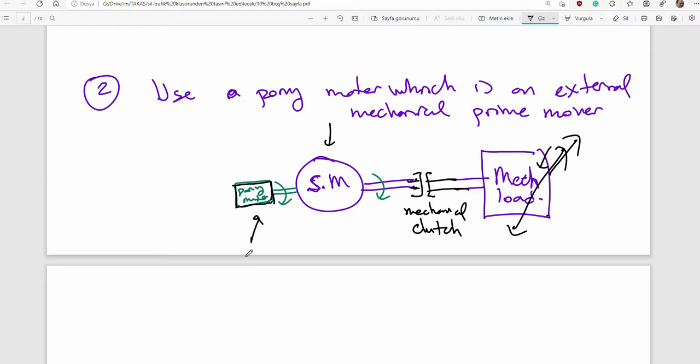Otherwise, this small size motor cannot speed up the system. So those kinds of methods are not suitable for every application. Some applications will be appropriate for this.